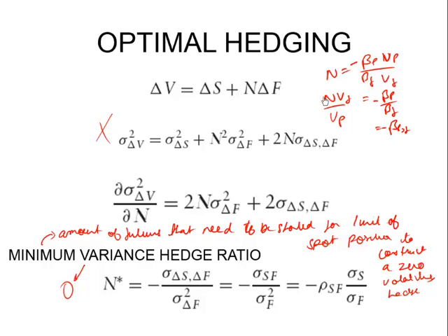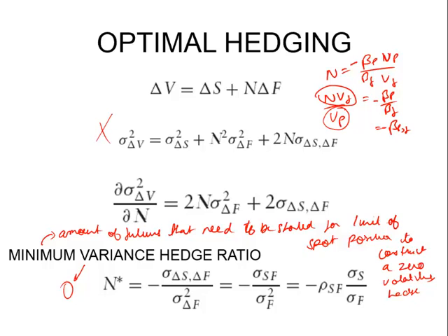That is, this is the total amount of futures contracts, N into the value of 1 contract, and this is the total value of the position. So for every dollar of the spot, you need beta dollars of the futures to be shorted.